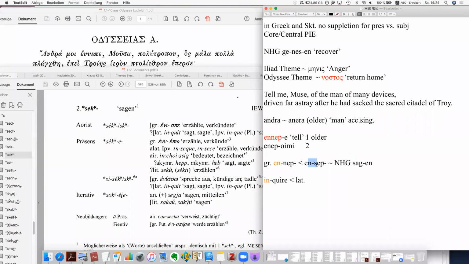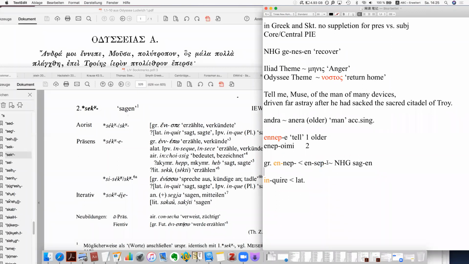So this is actually a double consonant, n plus sep. And this sep is cognate with seg, because this goes back to a labiovelar, qua, yeah.